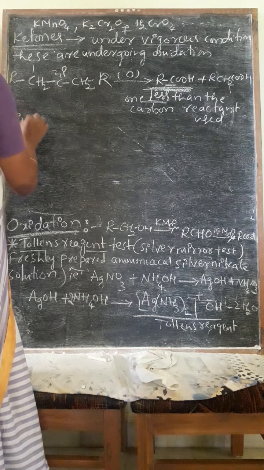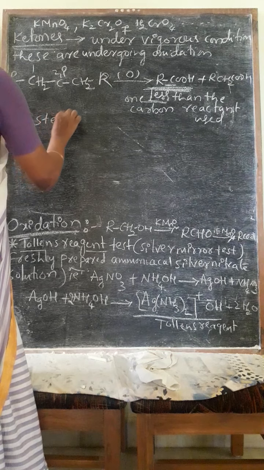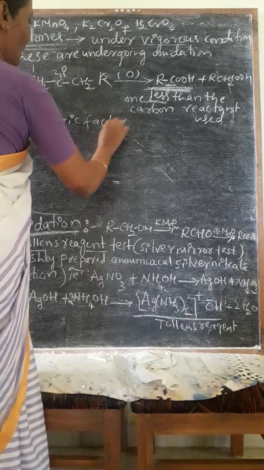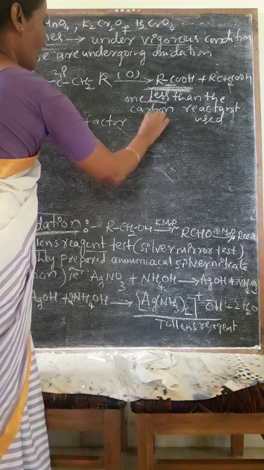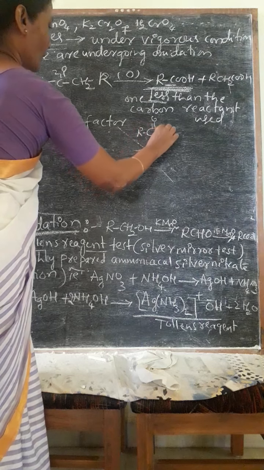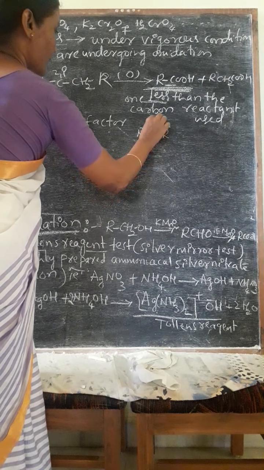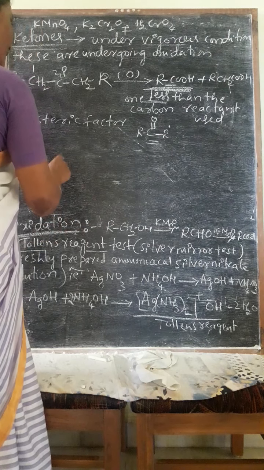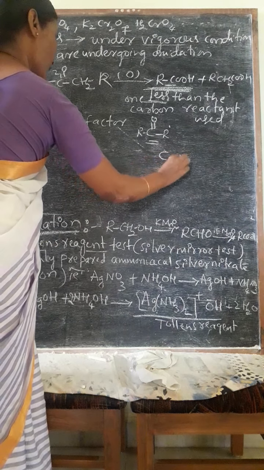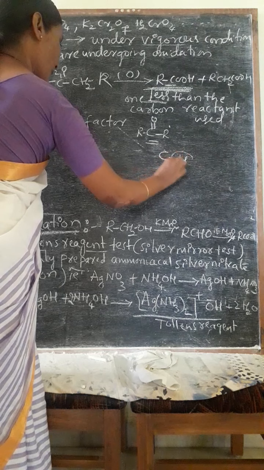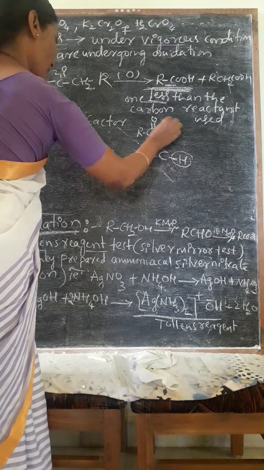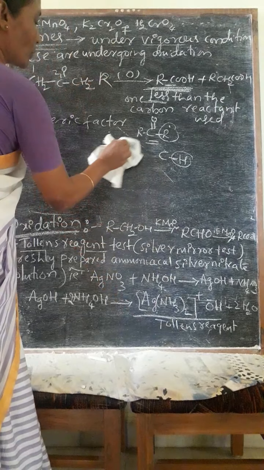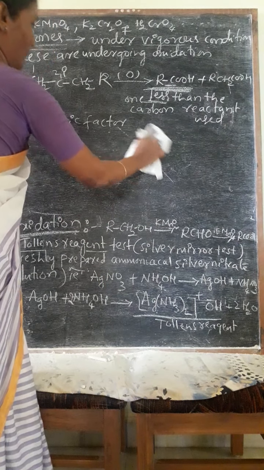One is the steric factor. What does this mean? Ketones have bulky groups, hence disturbance takes place, therefore they are less reactive. Whereas aldehydes contain one hydrogen, which is somewhat more reactive than this R. Therefore aldehydes undergo oxidation.